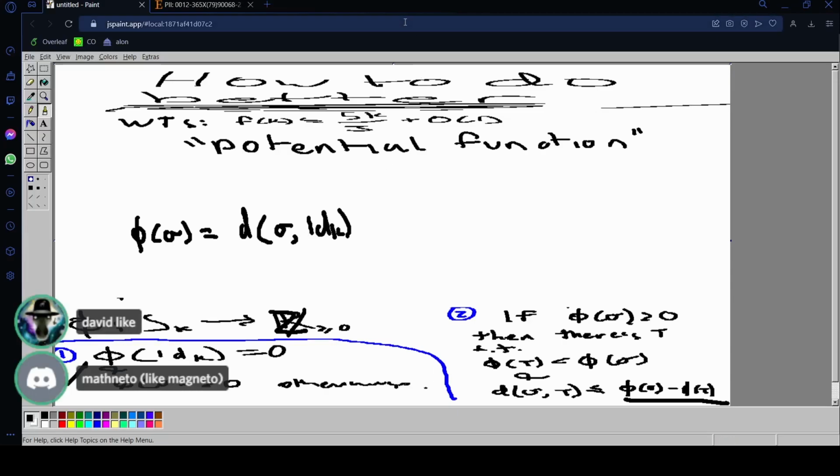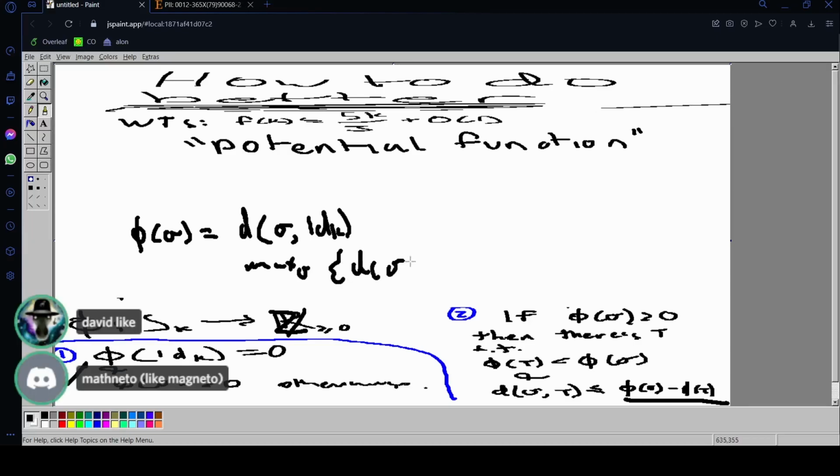But the problem is, we wouldn't know how to take the maximum of this. We'd immediately face the question of what is the max over sigma of d of sigma in k. So the question of this is exactly our problem, and rewriting in this form does us no good at all.